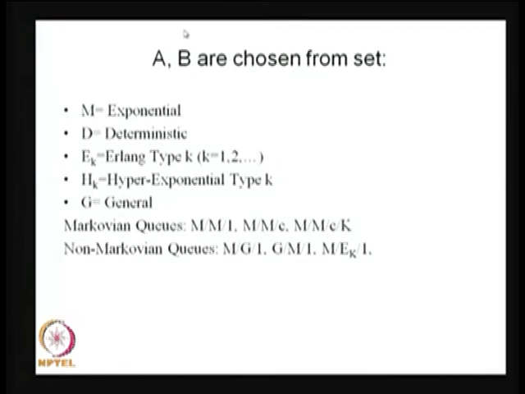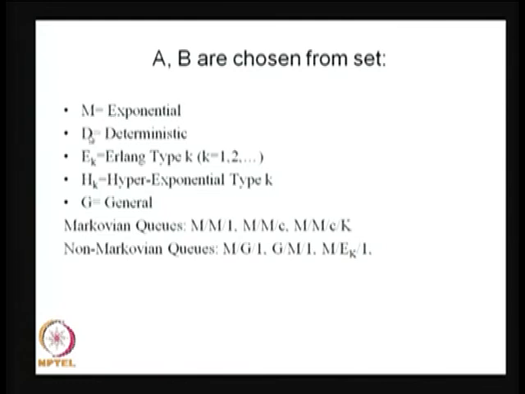Even though it is exponentially distributed, we use the letter M because the exponential distribution satisfies the memoryless property, or Markovian property. So whenever you write M in the place of A or B, the inter-arrival time or service time is exponentially distributed respectively.